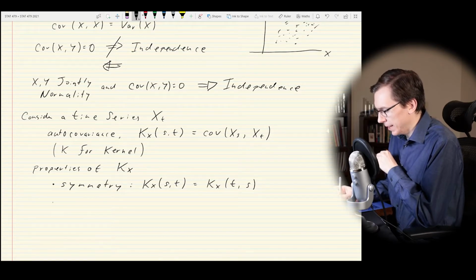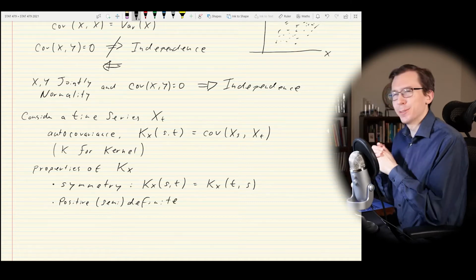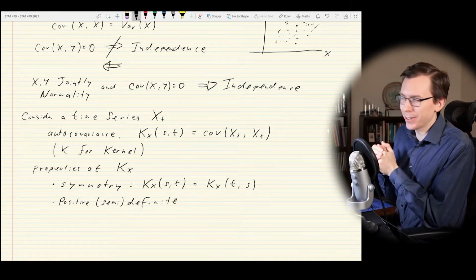Furthermore, it is positive, possibly semi, or just positive definite or positive semi-definite. So what does that mean in terms of a kernel function?